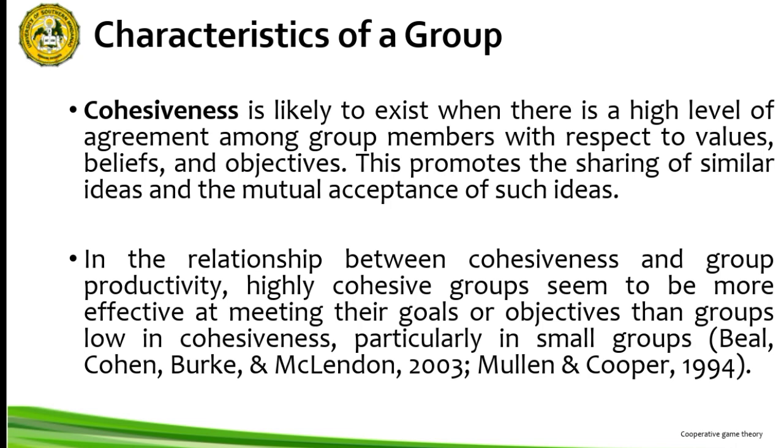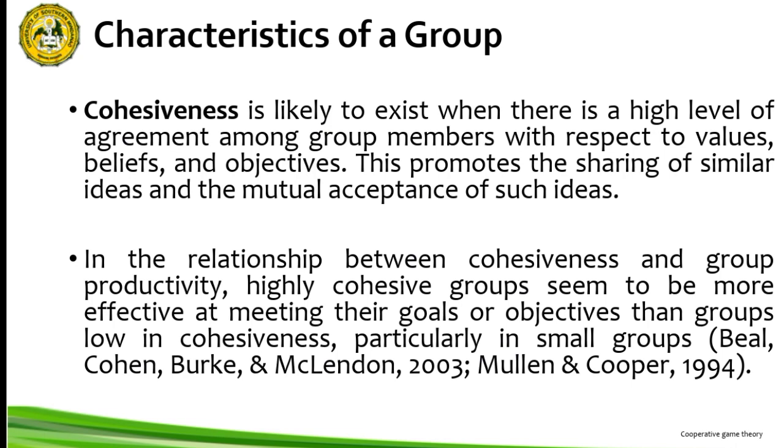On the next part, we have the characteristics of a good group. First is cohesiveness. Cohesiveness, by definition, is the quality of the performing of the united group. It is likely to exist when there is a high level of agreement among group members with respect to values, beliefs, and objectives. This promotes the sharing of similar ideas and the mutual acceptance of such ideas.